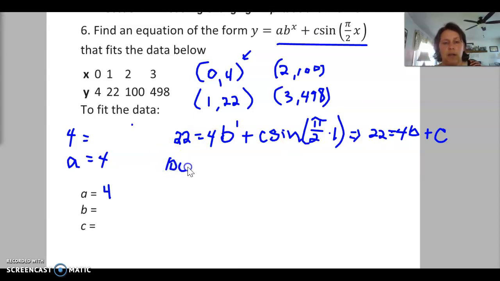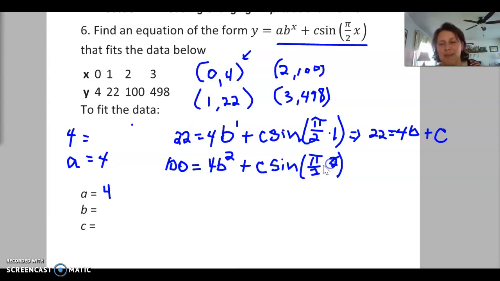So we get 100 equals 4b squared plus c sine of pi over 2 times 2. So sine of pi is then going to be 0, so all of this is going to cancel.